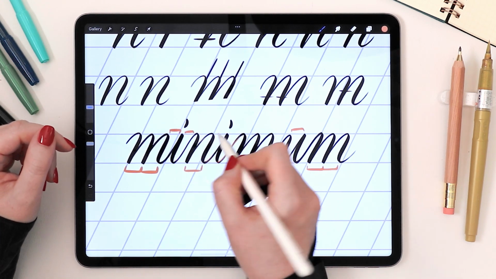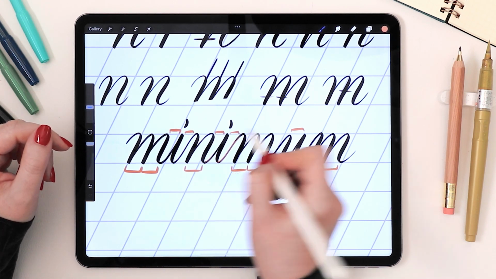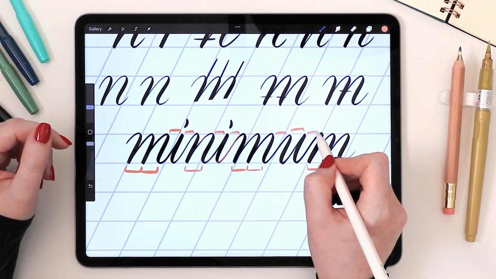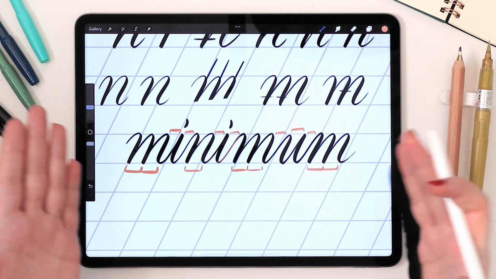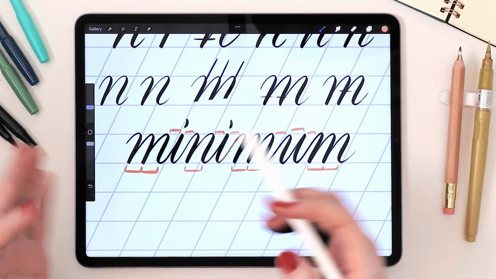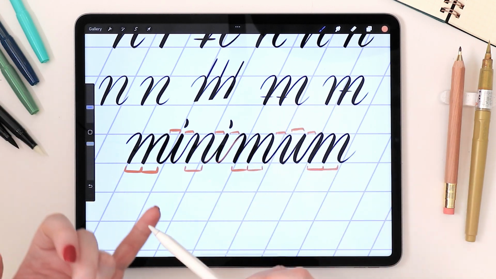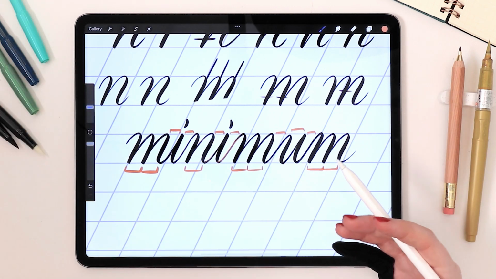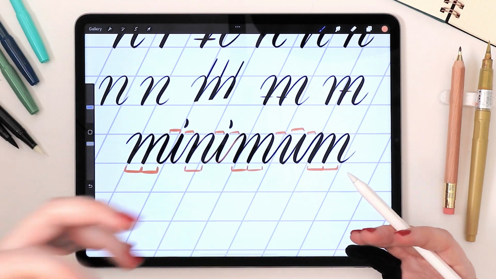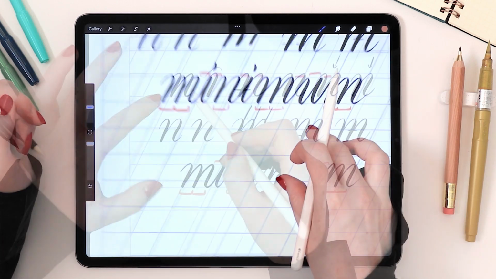So between the letters themselves, these connector strokes look pretty even. Incorporating letters side by side to work on letter connections and really drill in that pressure, that thin to thick, that's important at any stage. You don't have to wait till you've learned A to Z before you start combining them.